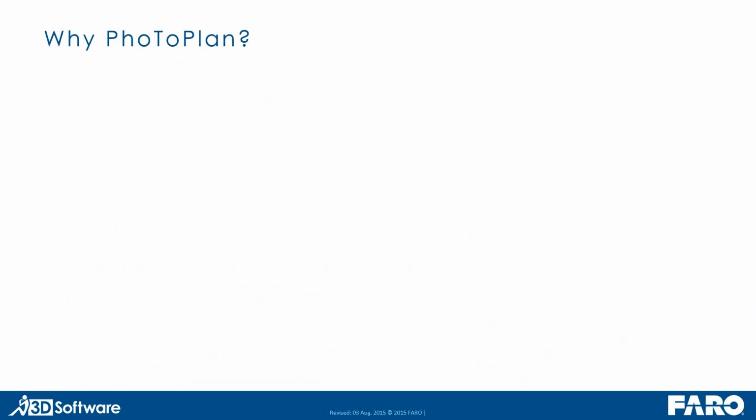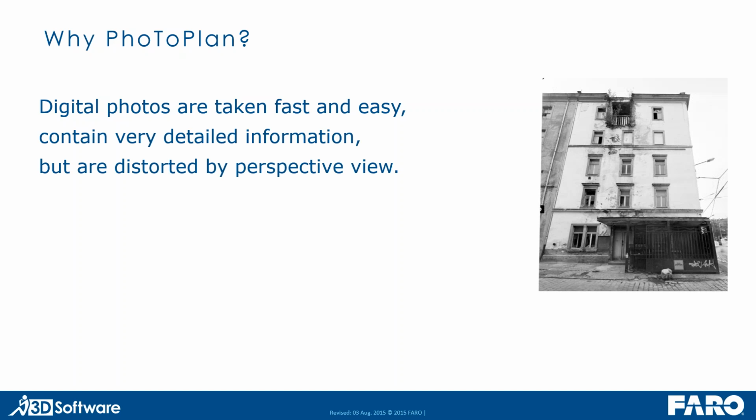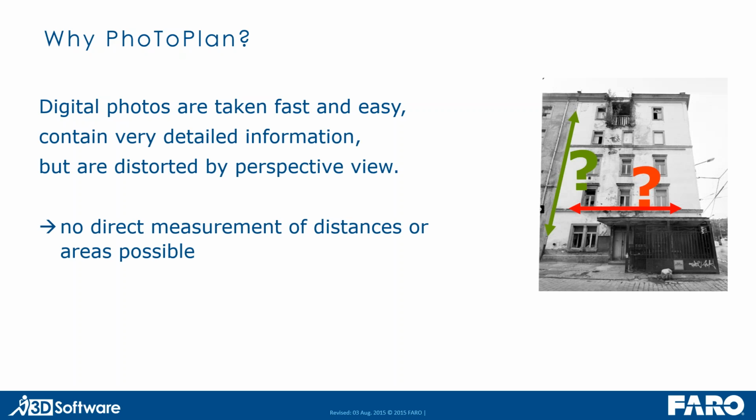So let's start with the question, why would people need a software like PhotoPlan? As you may know, digital photos are taken very fast and easily, and they contain very detailed information, but they are distorted by perspective view, and thus we cannot take any direct measurements of distances or areas from those photographs, but we would like to have those.